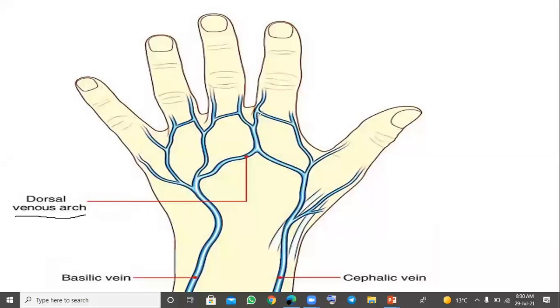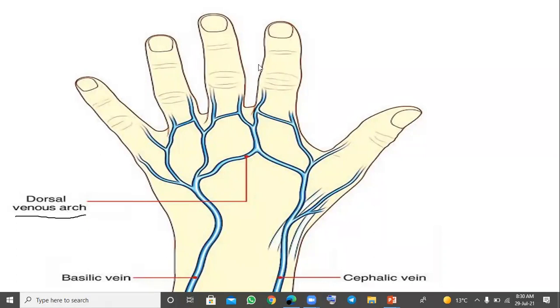These are tributaries coming from the digits. So this one you can name as the common dorsal digital vein. Okay, so these tributaries are going to drain blood to the dorsal venous arch.